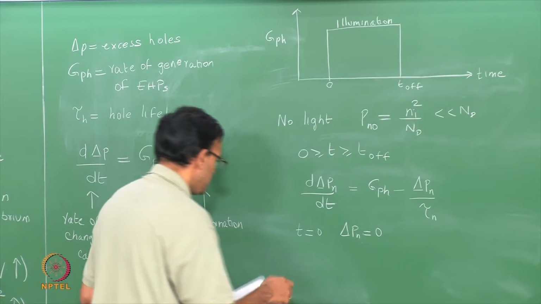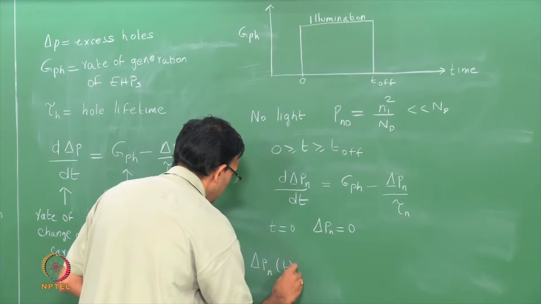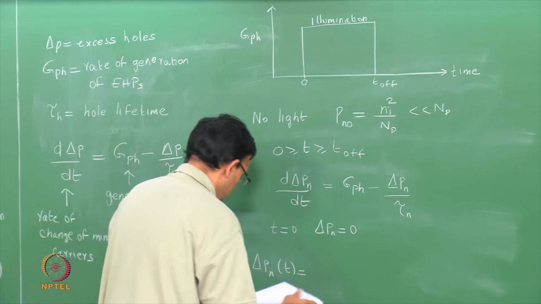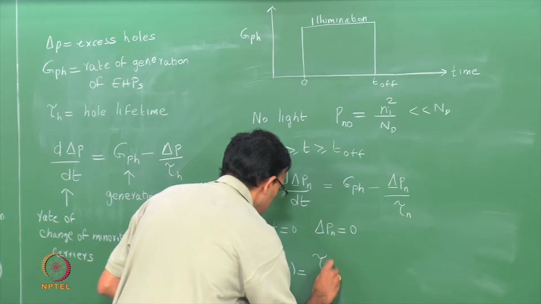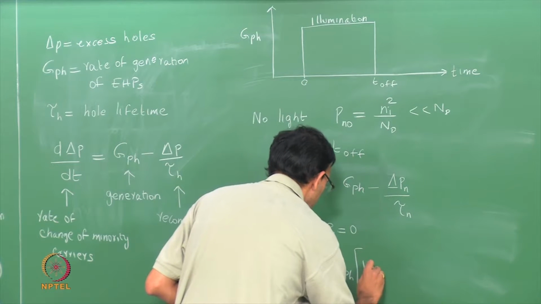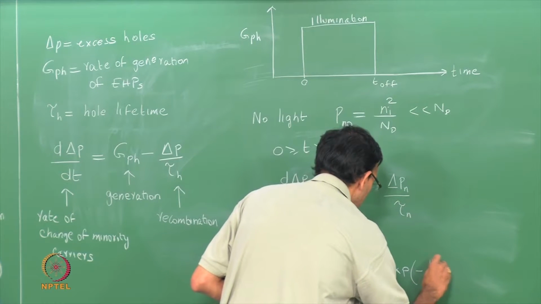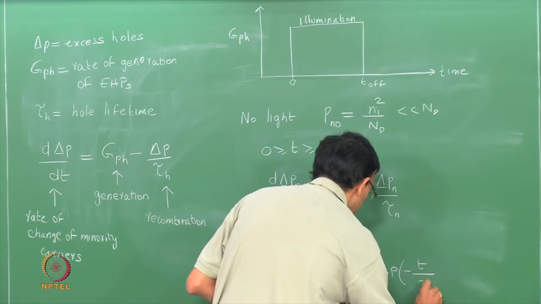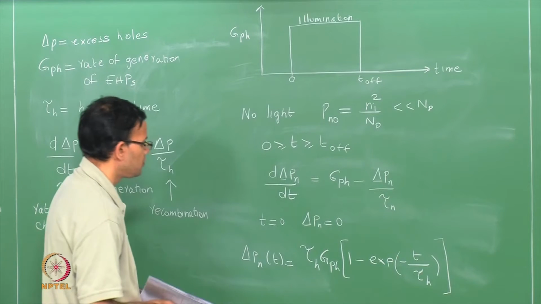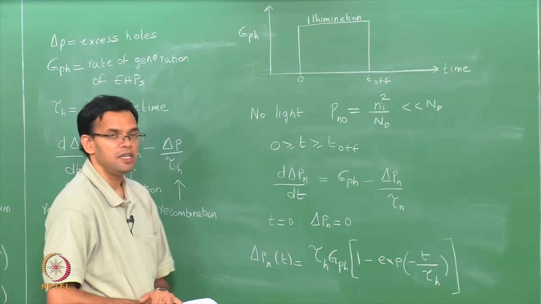So, if I solve for this, delta pn at time t, and this t is between 0 and t off, is nothing but tau h Gph times 1 minus exponential of minus t over tau h. When the system has reached steady state, your d delta pn over dt is 0.